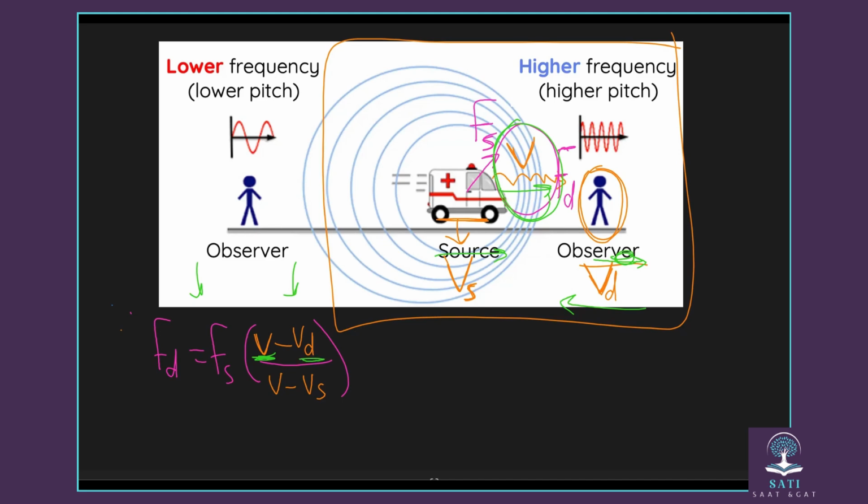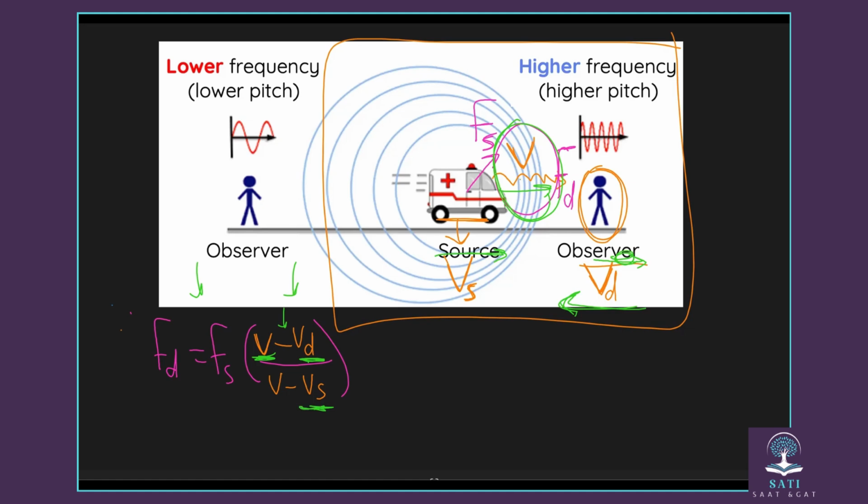Now, V of the detective: is it the same direction or the opposite direction of the sound velocity? In this case, it's the opposite direction, so you need to change this negative to positive. And now we go to V_S. Is V_S moving in the same direction as V? Yes, so keep it as it is and don't change the sign.